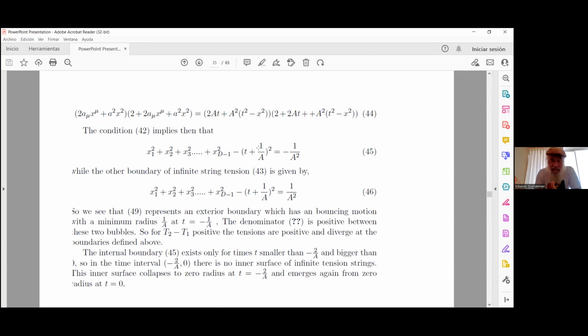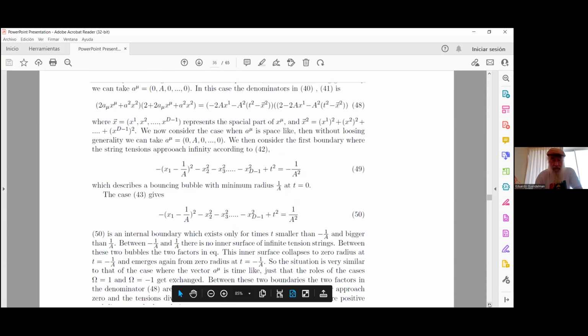and therefore the strings are constrained between these two surfaces, moves, and the distance becomes smaller and smaller. You can do the same, a similar effect happens if A mu is space-like.